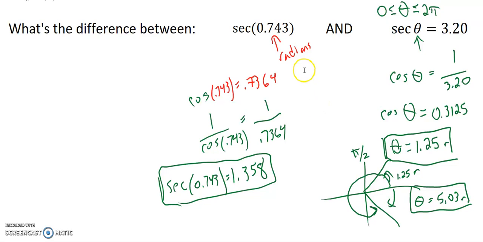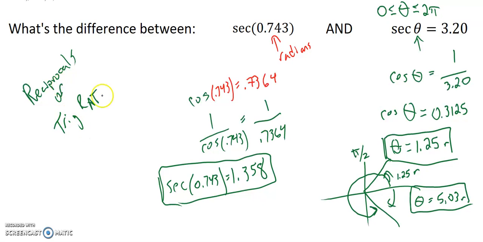So that's the difference between using reciprocals to evaluate a secant function and using reciprocals to solve an equation that has secant in it. At the end of the day, the big thing to remember is we take reciprocals of trig ratios.